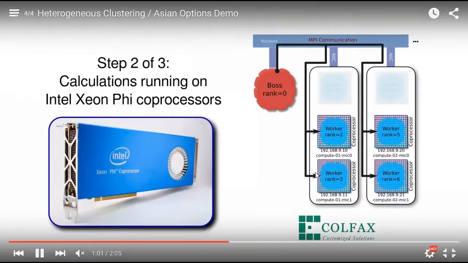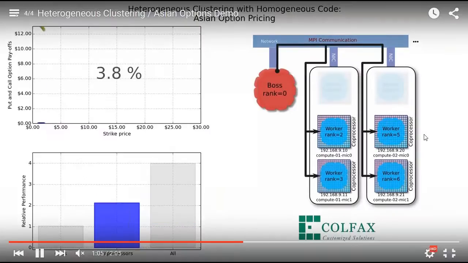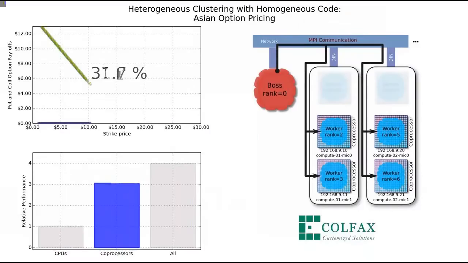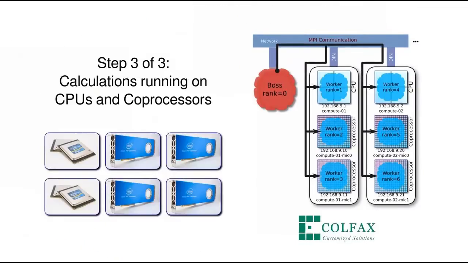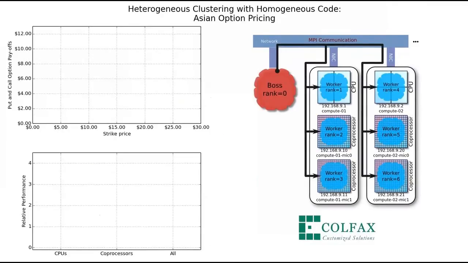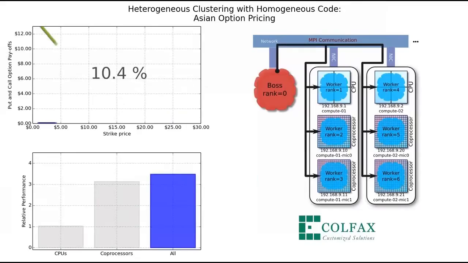And then we are running it only on coprocessors in the cluster. I believe the bottleneck of this calculation is the generation of random numbers. This is not a trivial task to do in parallel. And finally, the same code executing heterogeneously on coprocessors and processors.